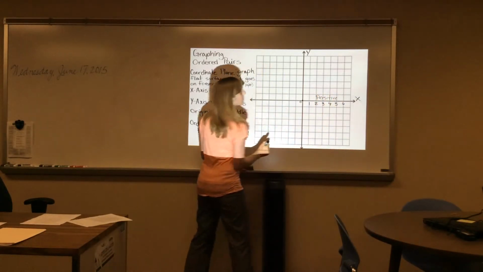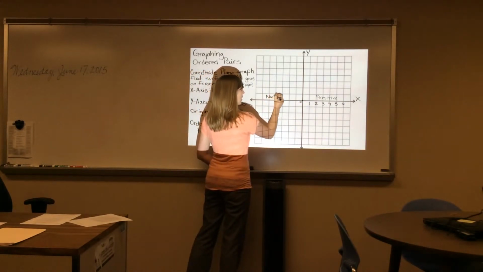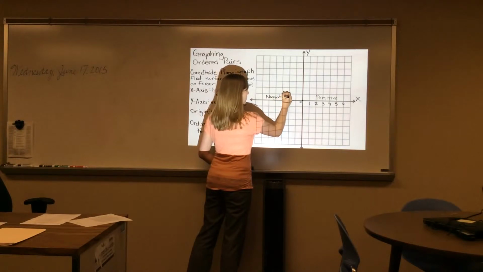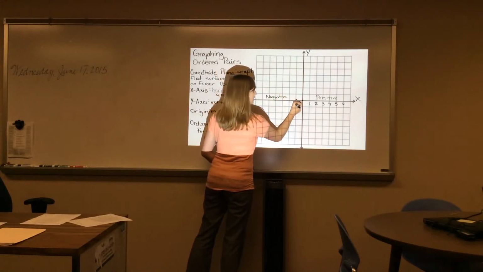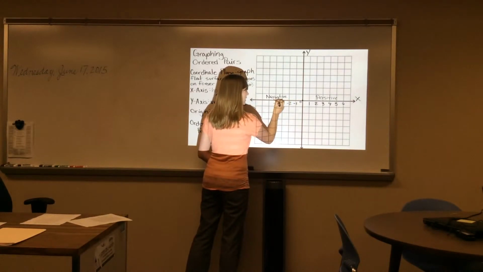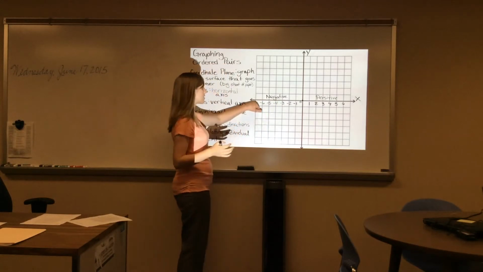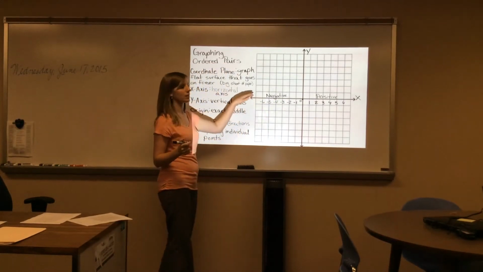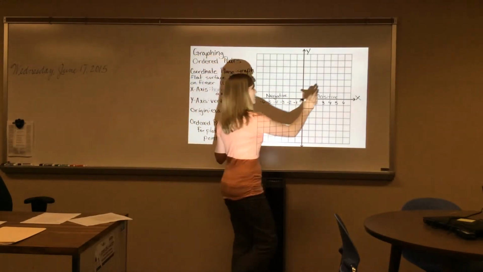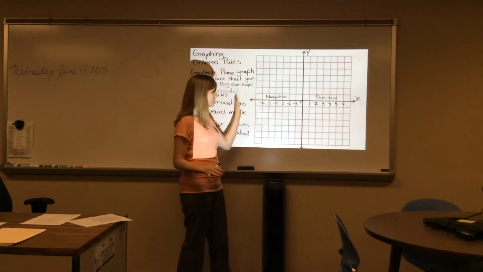As you move to the left, they get smaller and they are negative numbers. So starting with 0, this would be -1, -2, -3, -4, -5, -6, and so forth. Again, these go on forever. These arrows represent that this is going on forever to the left and forever to the right. So we've got positives to the right, negatives to the left.